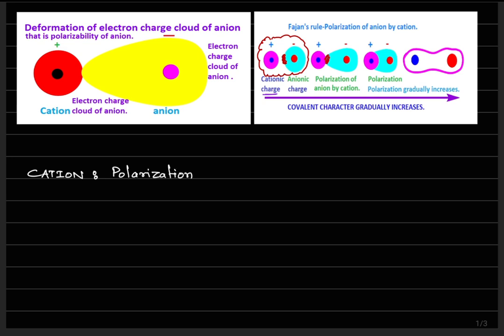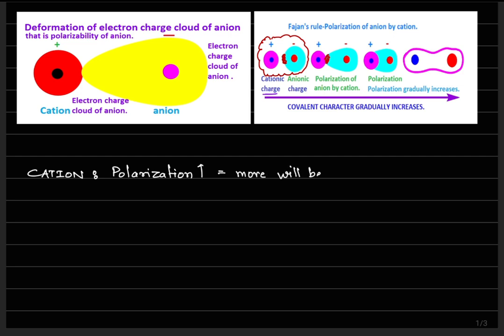Okay, and understand, if polarization increases, more will be the sharing, or more the electrons will appear to be shared. So more the polarization, more will be the sharing, and more is the covalent character. So please understand, over here what I can say is the covalent character will increase.